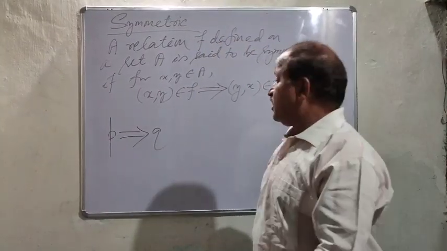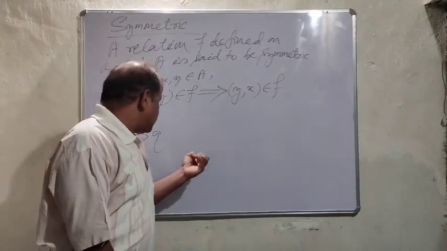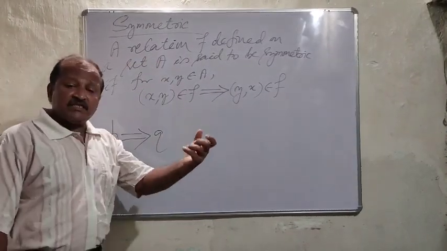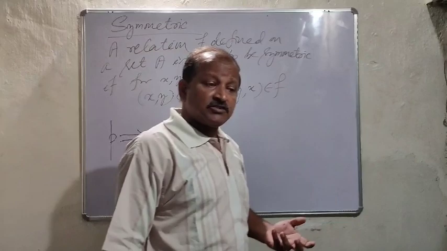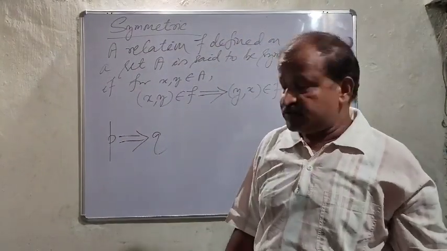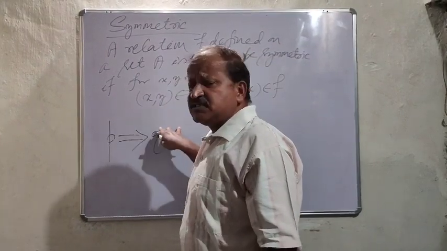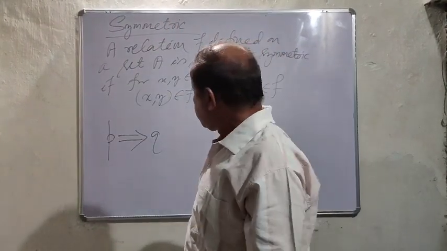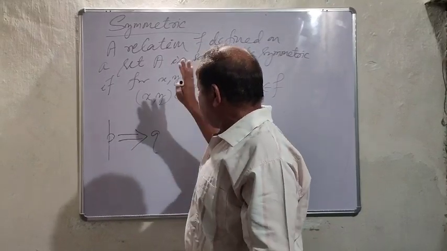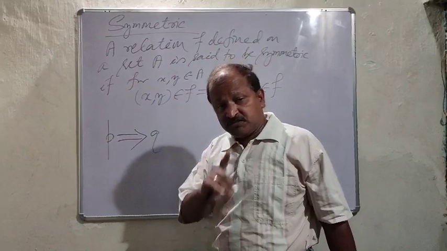Because in mathematical reasoning, we know that a conditional statement is false when the hypothesis is true and the conclusion is false. So if it is an implication, this is true and this is false is not possible, because the conditional statement must be a tautology.